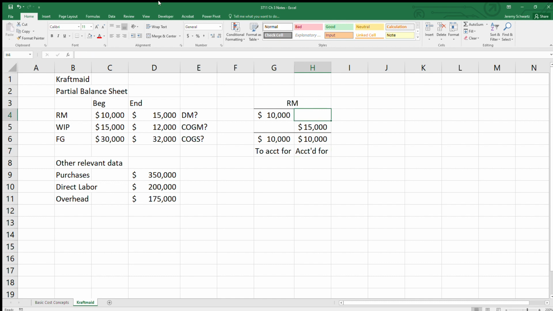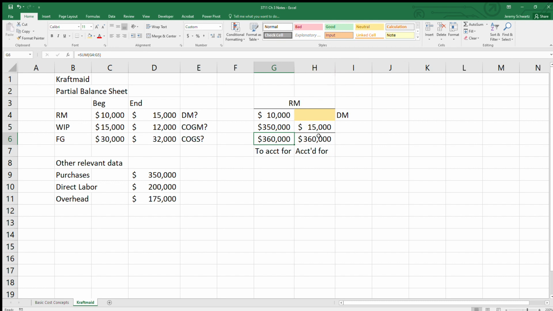So that means we would need to be solving for what we have here for our direct materials. Well, in this case, the additions to raw materials would be our purchases. And so we have that data right here. And now notice that we'll add that up. So then we have 360,000 that we have to account for.